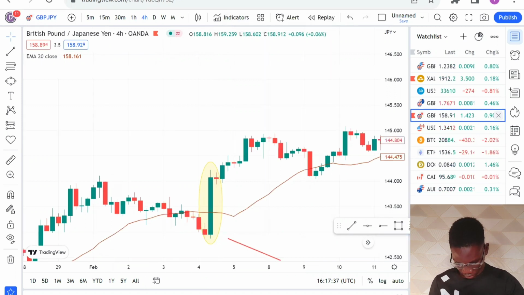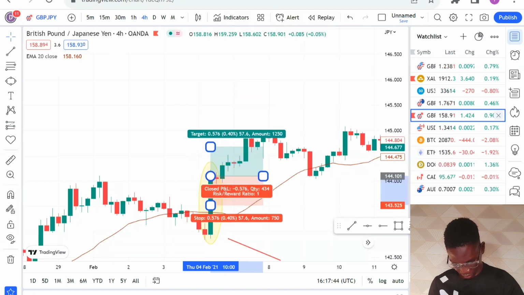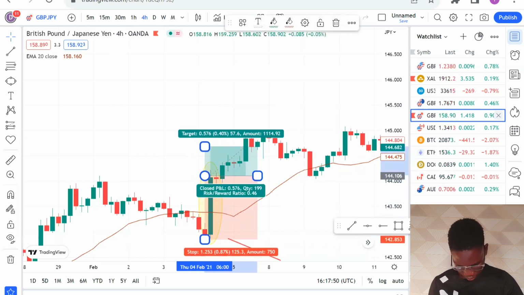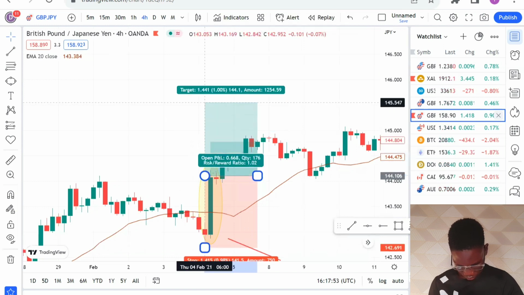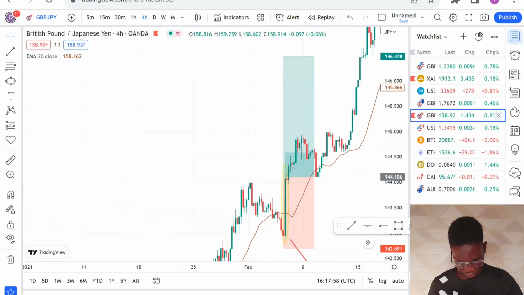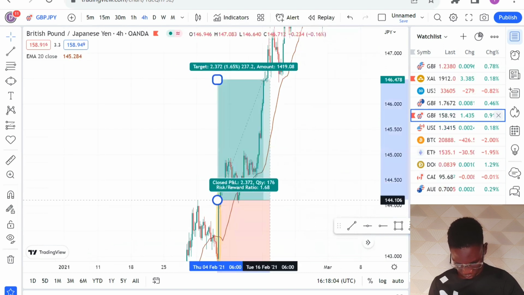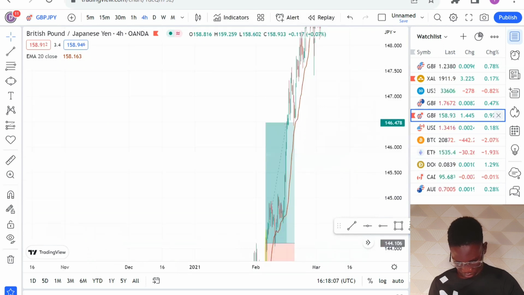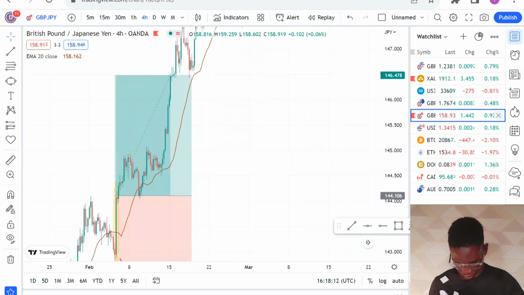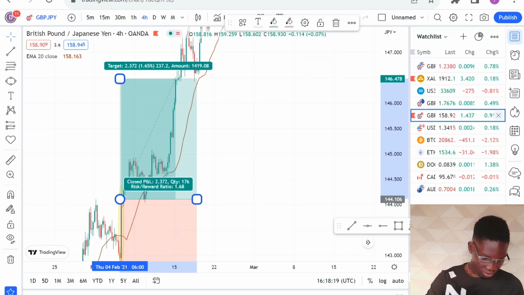So let's say we went long right after the Marubozu, with our stop loss below the Marubozu, and our TP at the next resistance level to the upside. So that is just a typical example of the Marubozu candlestick pattern.